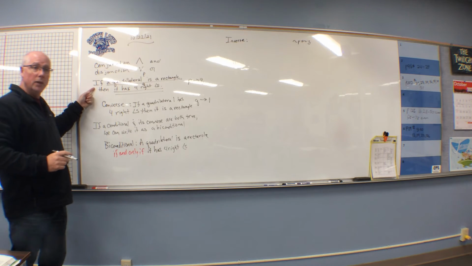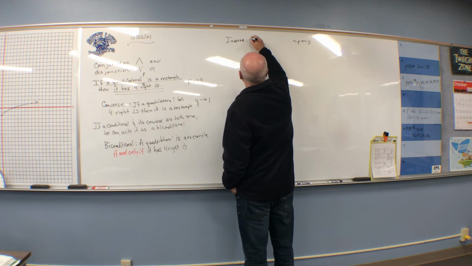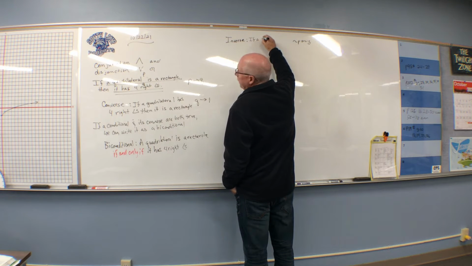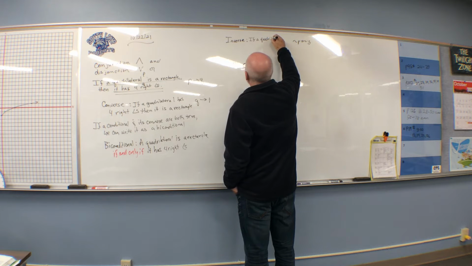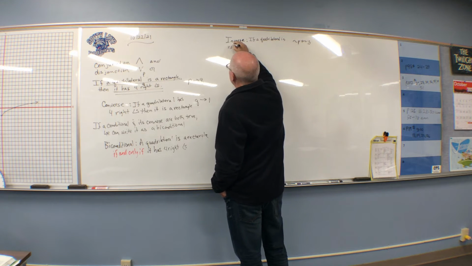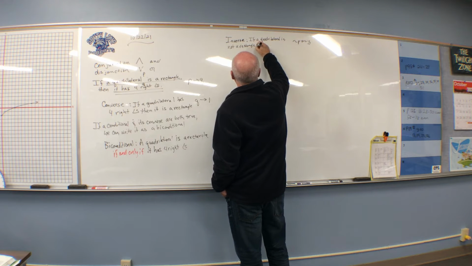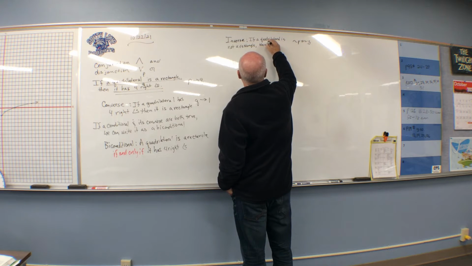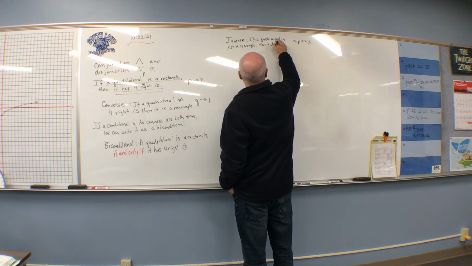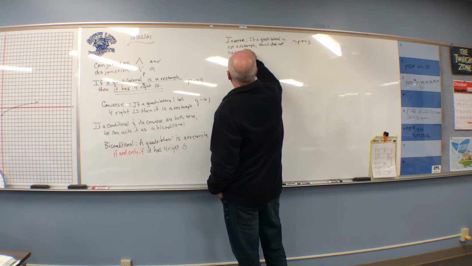Okay, so I look at the original and I negate it. Okay, so not P would be: if a quadrilateral is not a rectangle, then it does not have 4 right angles.